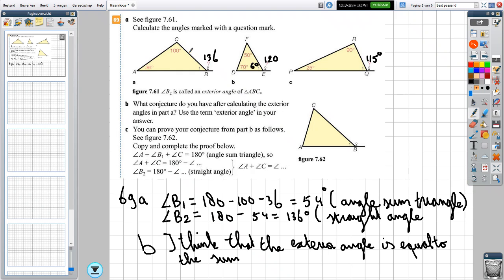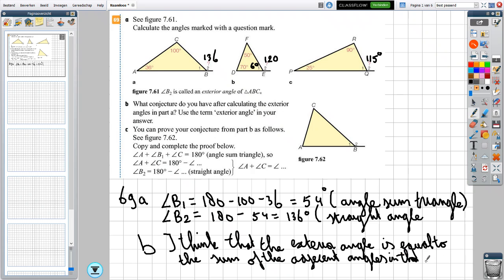How am I going to describe this? If I have angle B1 here, then those two angles, in Dutch you say de aanliggende hoeken. Die liggen aan hoek B1. So in English I would use the term adjacent for that. So I could say it is equal to the sum of the adjacent angles in the triangle.